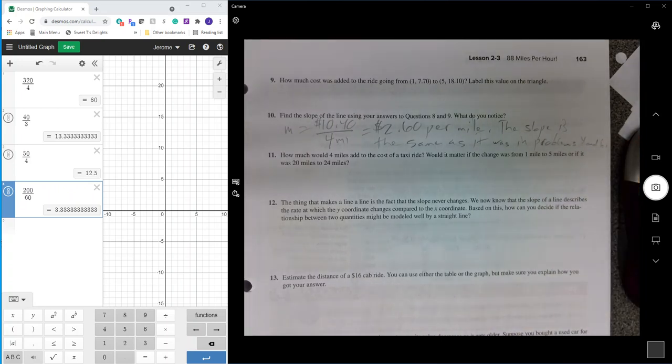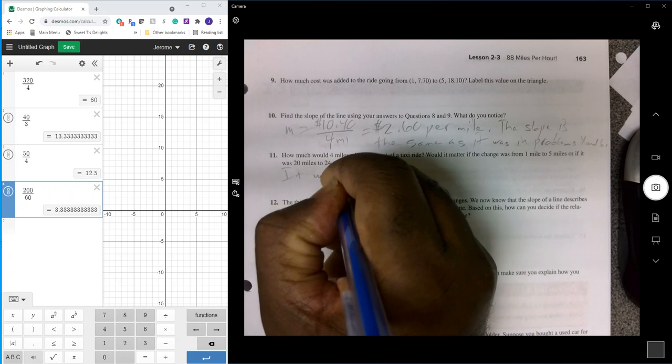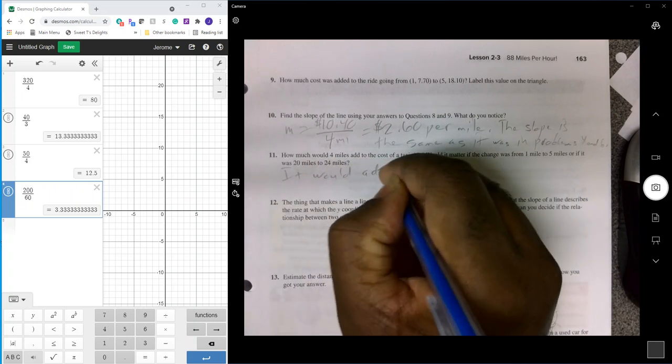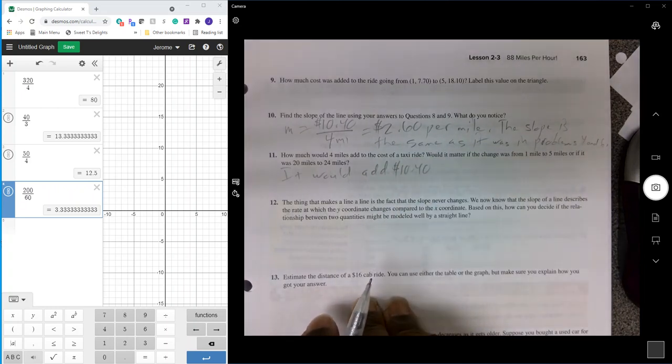Okay, number 11. How much would 4 miles add to the cost of the taxi ride? Would it matter if the change was 1 mile to 5 miles or if it was 20 miles to 24 miles? It would add $10.40.